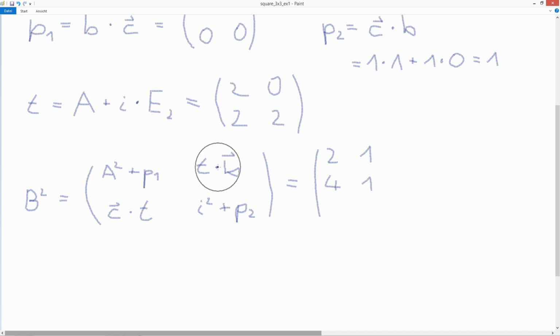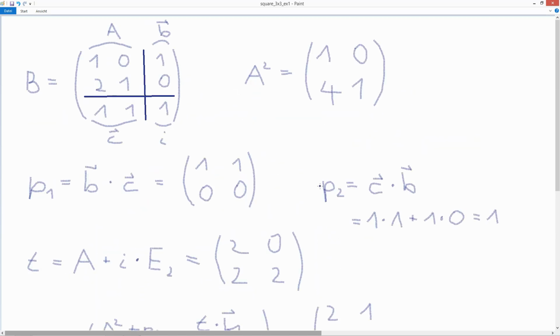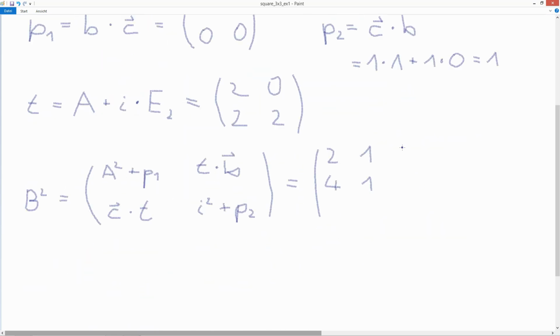The next thing is T times B. So B is this vector here, and T is this matrix here. We just have to insert the vector B in the matrix T. So T times B is just 2 and 2. So this vector here, 2 and 2.